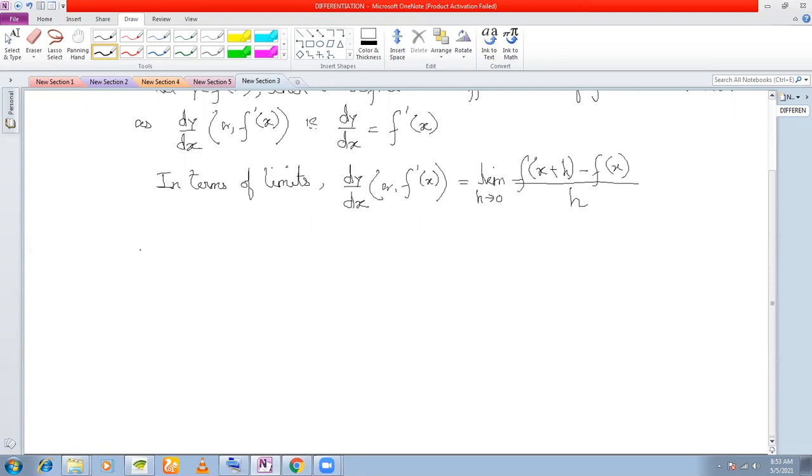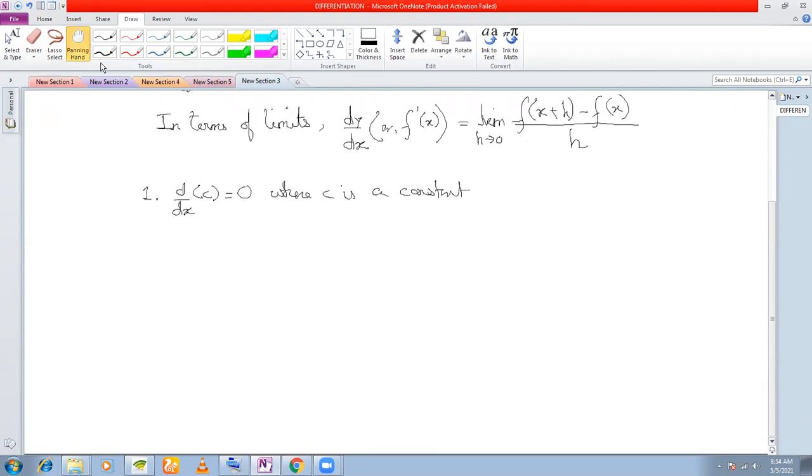So this is what we define dy/dx as, and these were some of the results that I gave. The first result was that d/dx of a constant c is 0. The differentiation of a constant is 0.